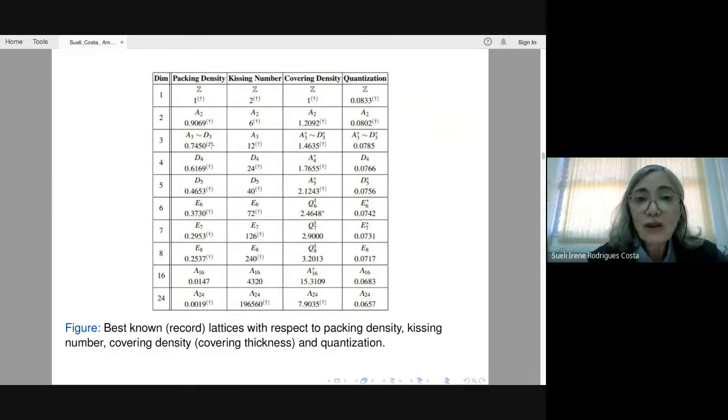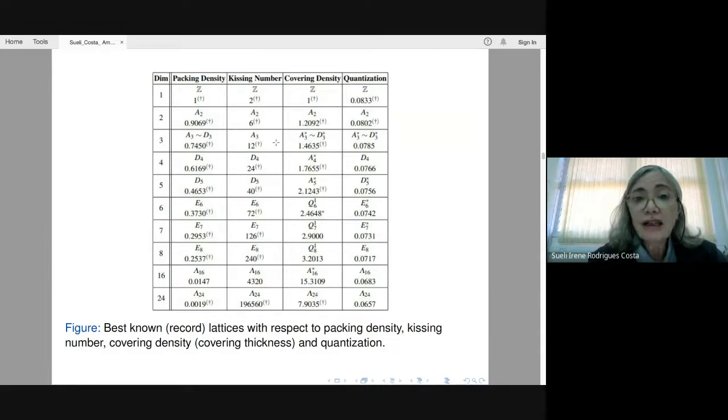When you go to dimension 3, this is not true, as I mentioned before. The best packing density is given by the A3 and D3 lattice, which is the FCC lattice. Instead, the covering density is best for the BCC lattice, the body-centered lattice, right?